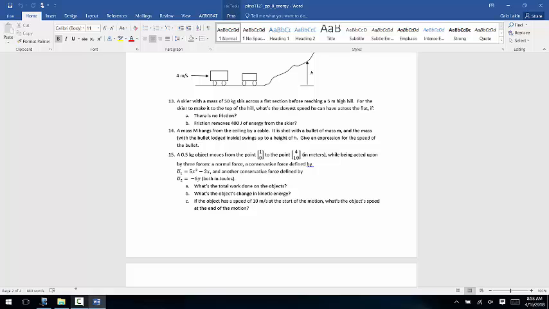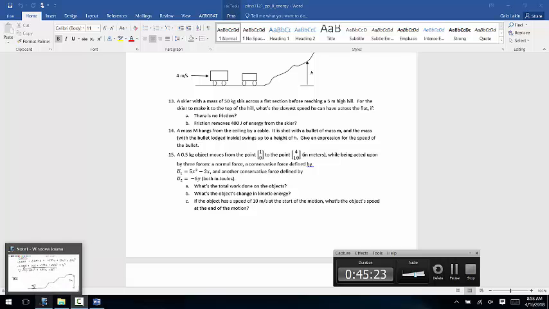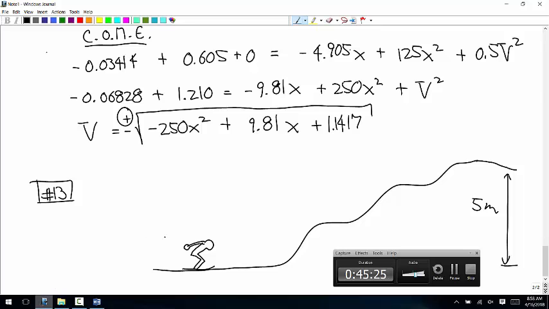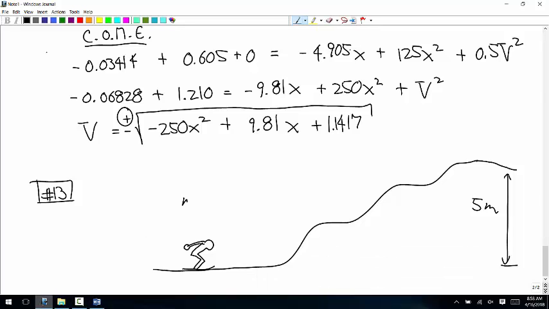The mass is 50 kilograms. And we want to know how fast the skier has to be skiing across the flat for that momentum to carry this person up to the top of the hill.